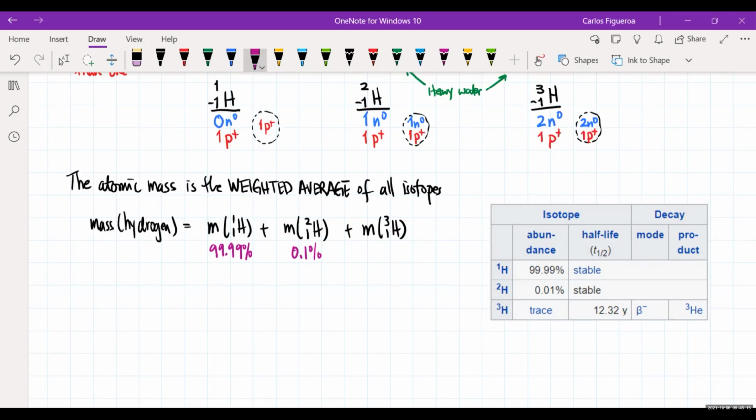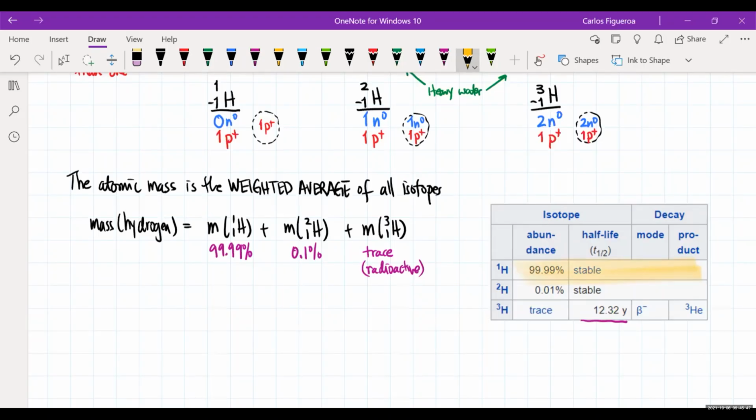And then hydrogen 3, you could see that there are trace amounts. And what this is telling you is that tritium is actually radioactive. That's what this number right here says. But what you're seeing is what is the most common isotope that you find?